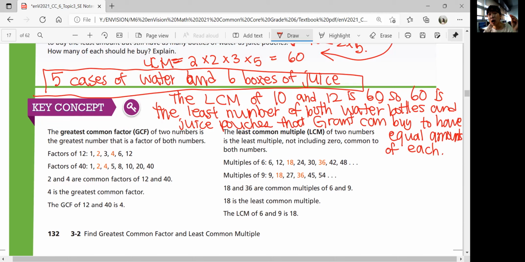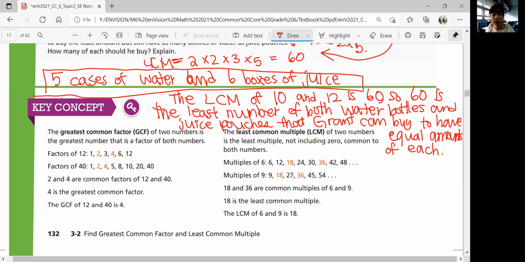In order to find the least common multiple, you also figure out the prime factorization, and you figure out the greatest number of times that one prime number is multiplied. You multiply all the prime numbers that you have, not just the ones in common, but all the prime numbers you have. So that's how you find the LCM and GCF.